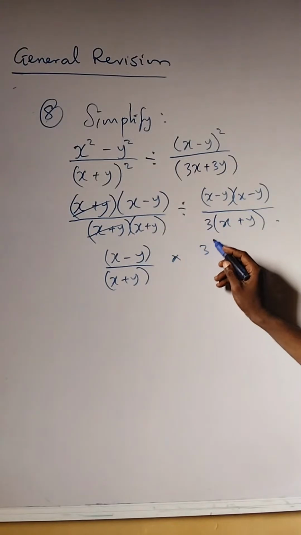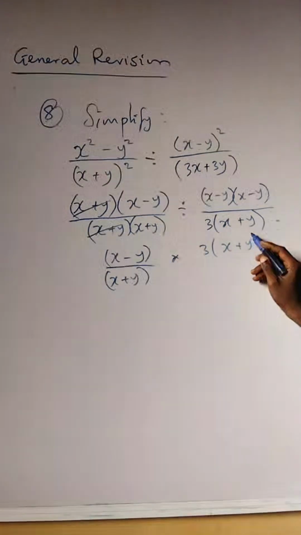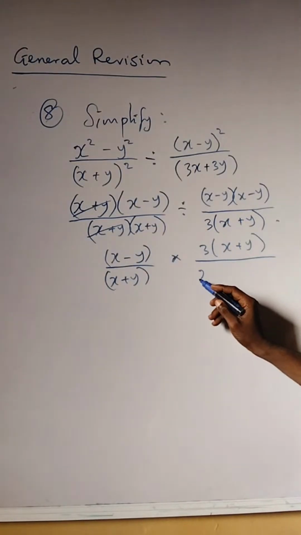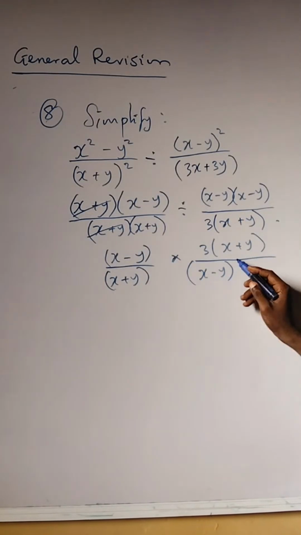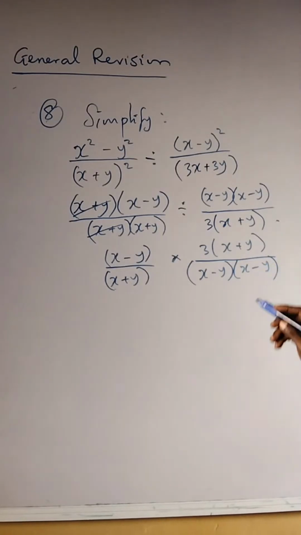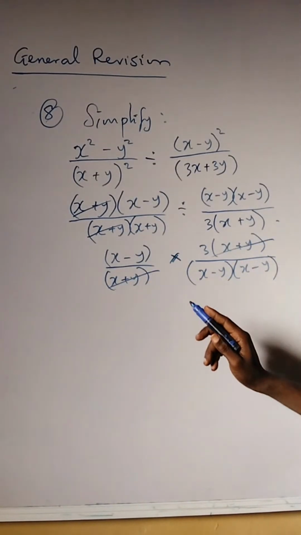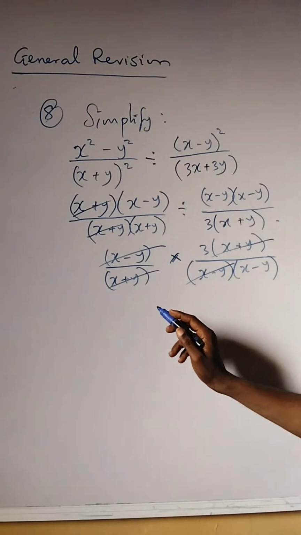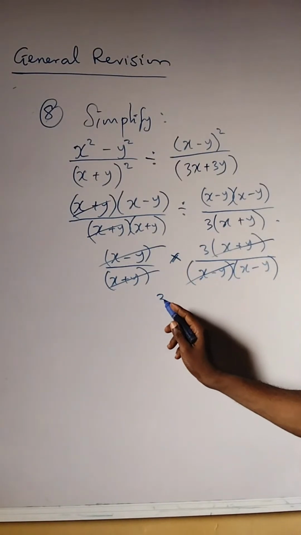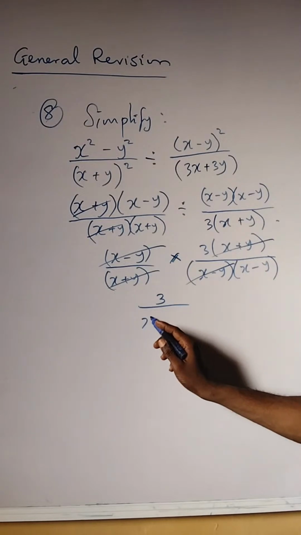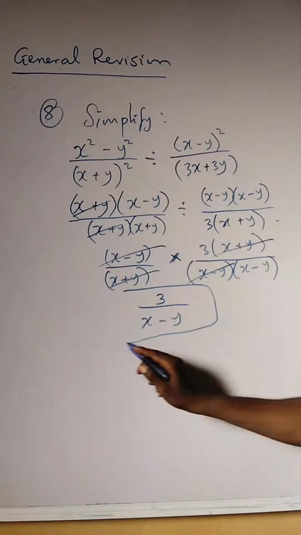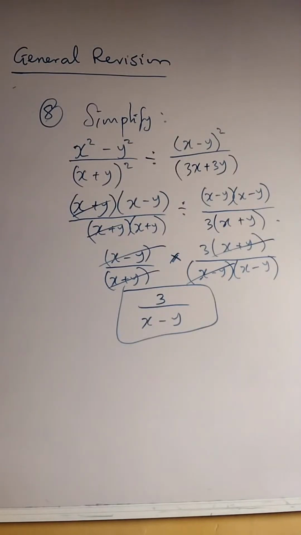This one will go up, that's 3 into bracket x plus y, then over, this one comes down, we have x minus y into bracket x minus y. Since this has changed to multiplication, this cancels each other. Also, this cancels one of these. So what we have left is 3 over x minus y. This is now the simplified form of the given problem.